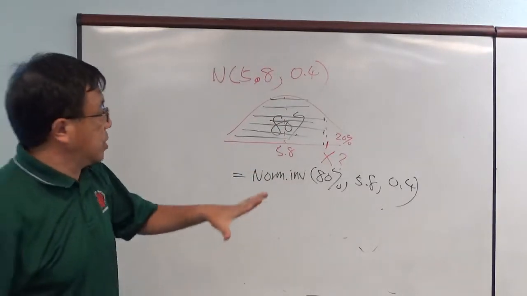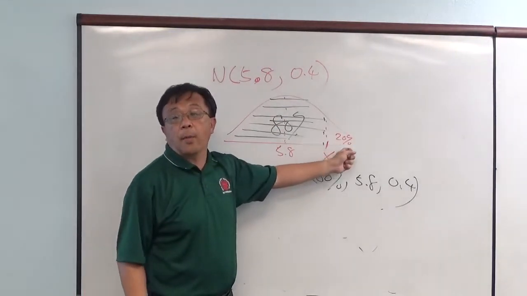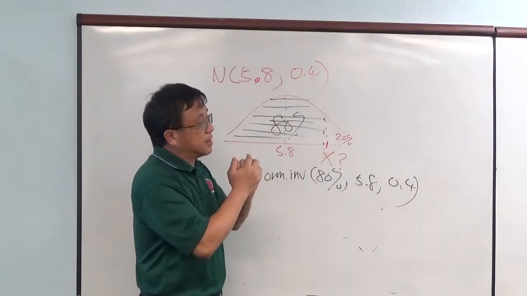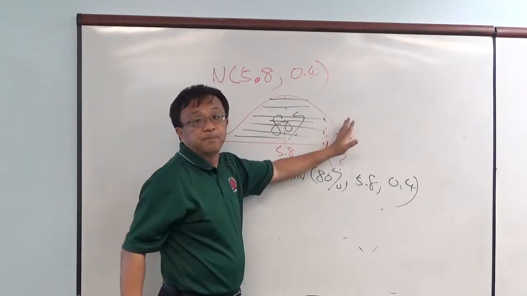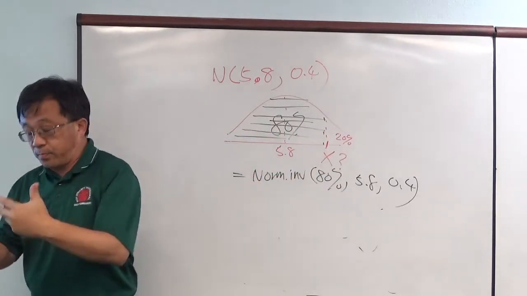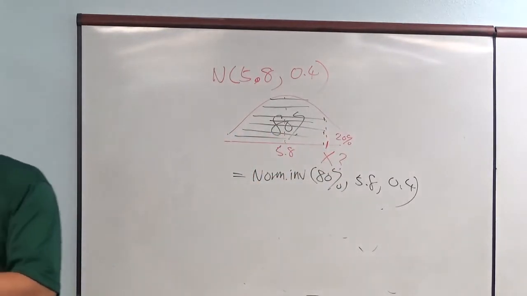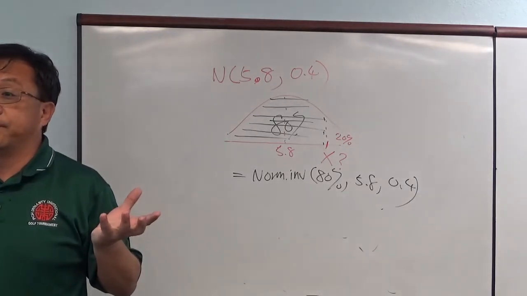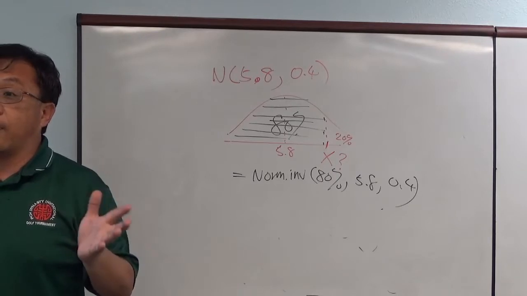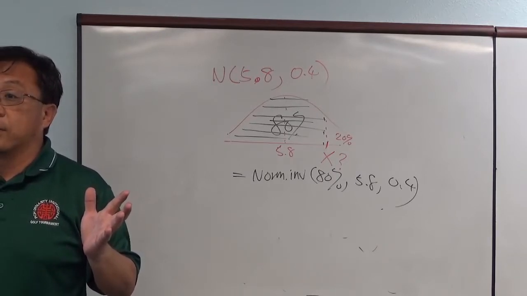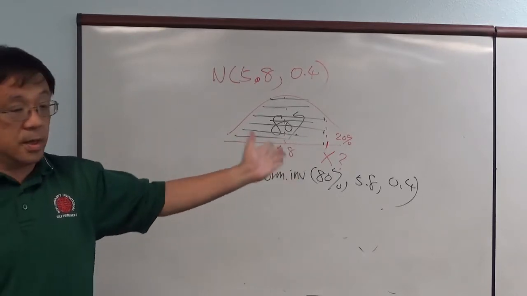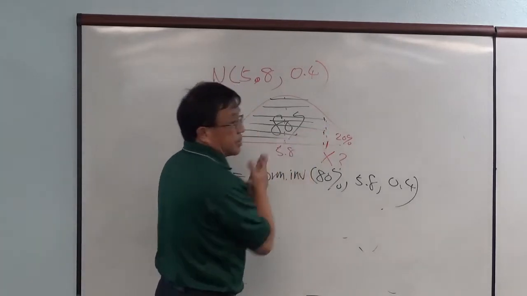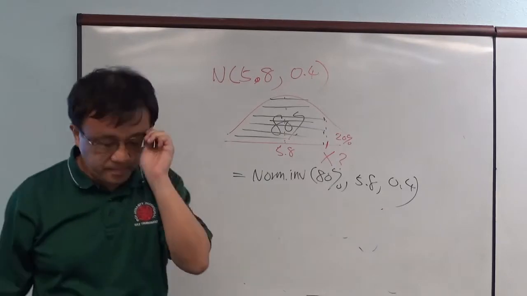Top 20% is what is here. Like SAT, top 1%, or 99%. But how about if I say what is the cutoff score in test 1 for this class for the top 5%? Then if you use Excel, you have to put 95 because Excel will give you this area. Good?